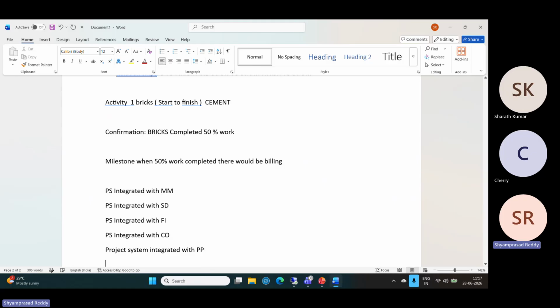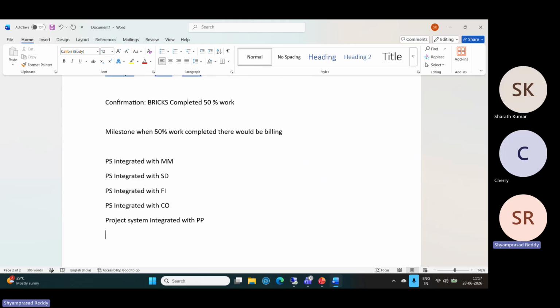Next, there would be the profile for customer projects and the result analysis process.